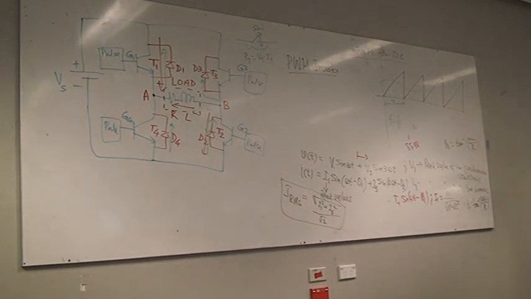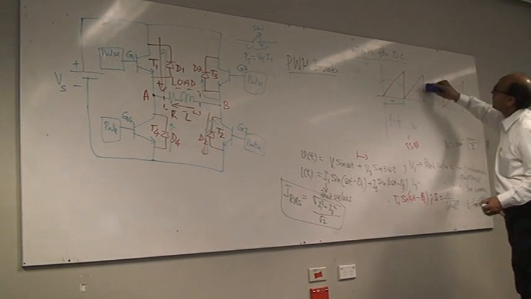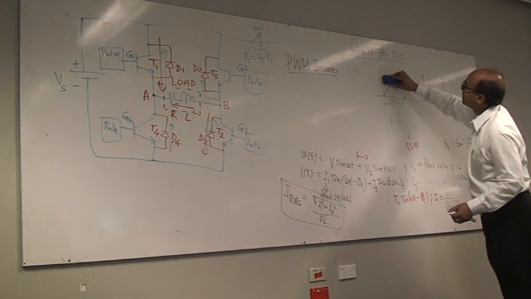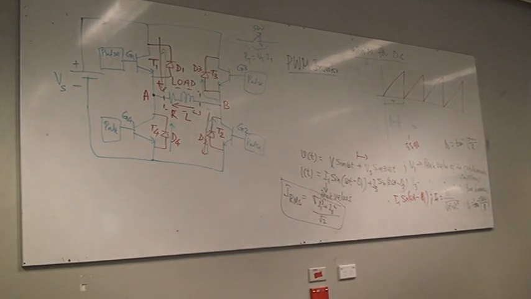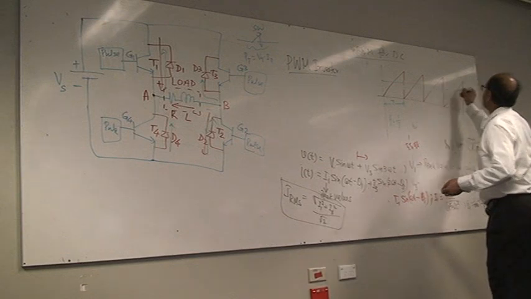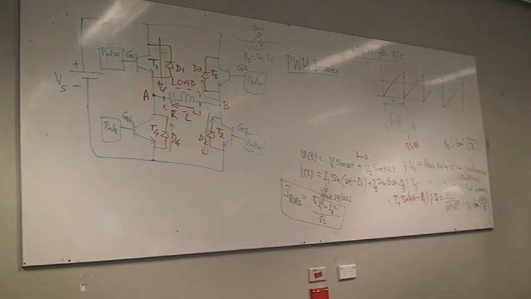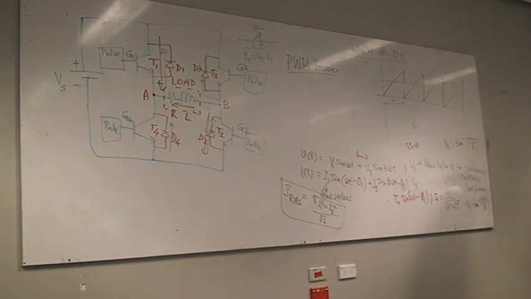And then I have a DC voltage. I better not give AC here. You may say, oh, it's already AC. No, it's not AC, it's DC. So let us say I have a DC voltage, which is something like this. And I compare them.